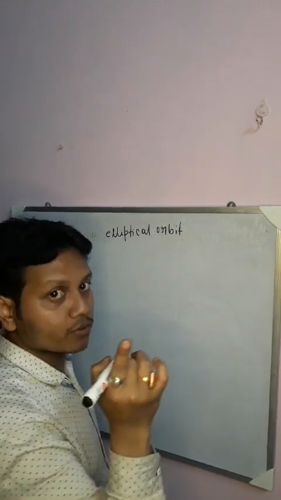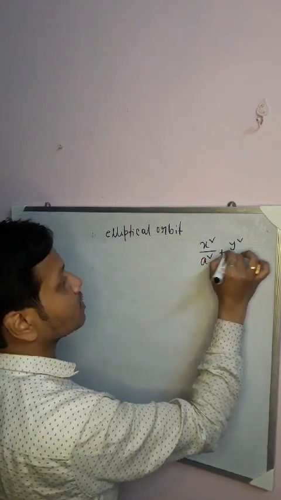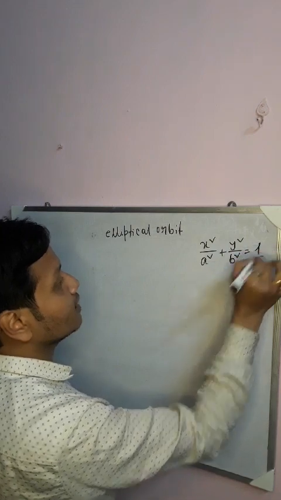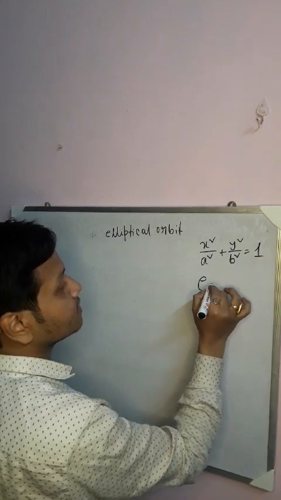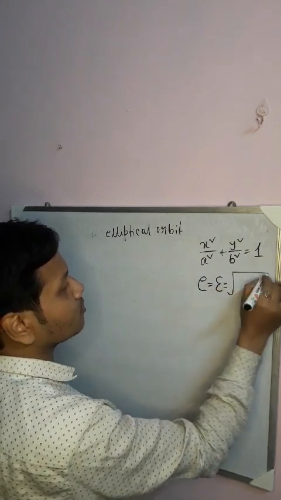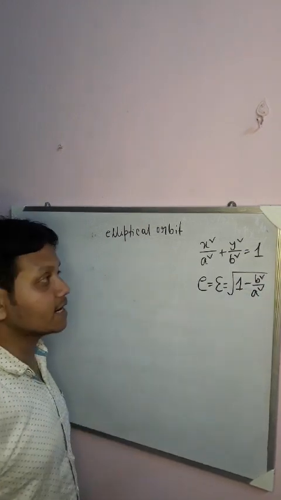In coordinate geometry, the ellipse equation is x square by a square plus y square by b square equal to 1, and from higher secondary mathematics the eccentricity e, or epsilon, is always less than 1, equal to root of 1 minus b square by a square. You did it in higher secondary mathematics.